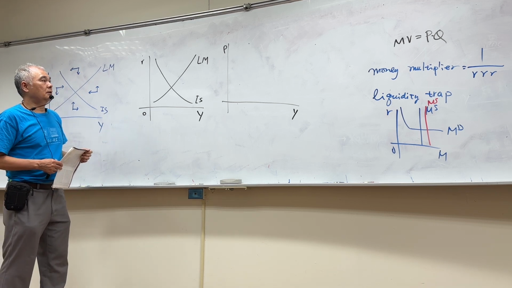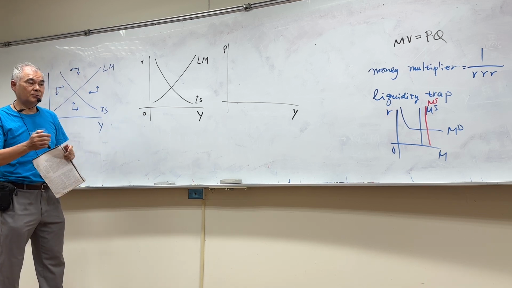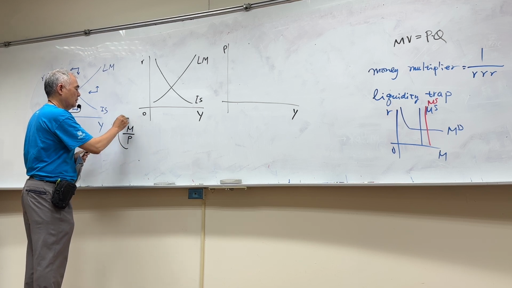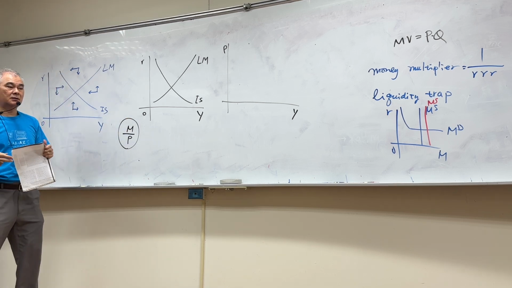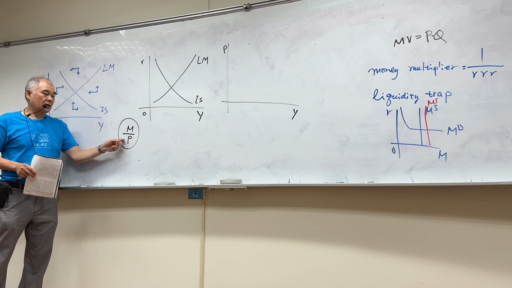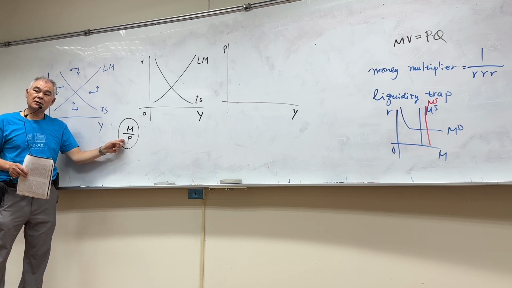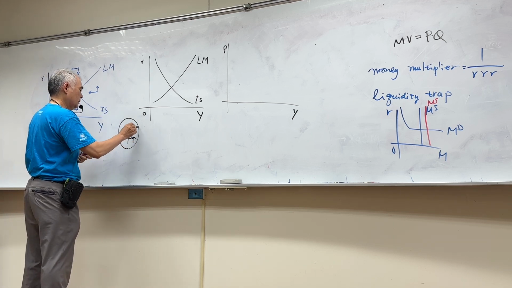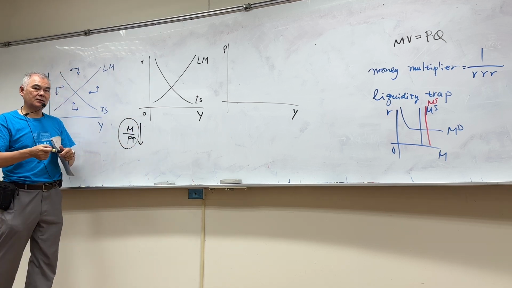As we just mentioned, the trick is here: M over P. This is what we call real money balance. If price goes up, what happens? The real money balance goes down.